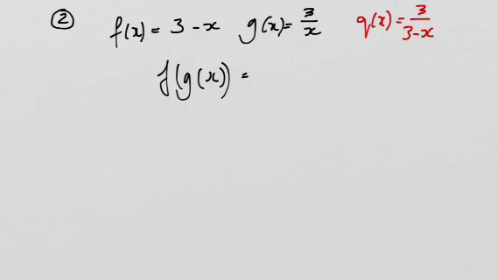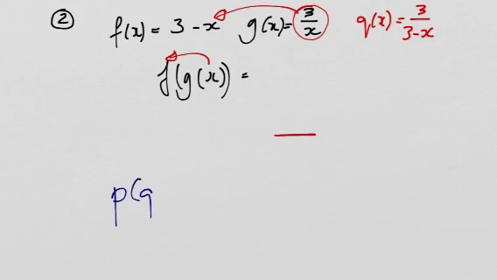Question 2, find f of g of x. So the g is going into the f formula, or the 3 upon x is going in there. Once you get to your answer, don't try and tidy it up, just leave it as what you get once you've put that 3 over x inside there. Now the second part of the question asks you to work out p of q of x. Now this is a lot harder.